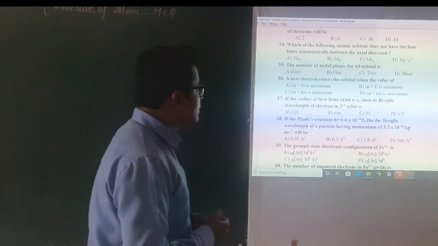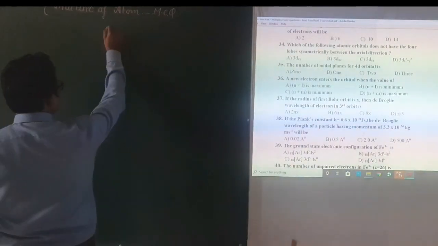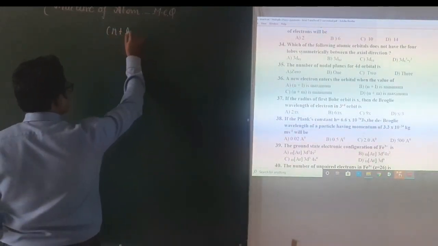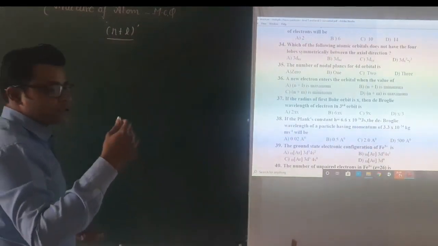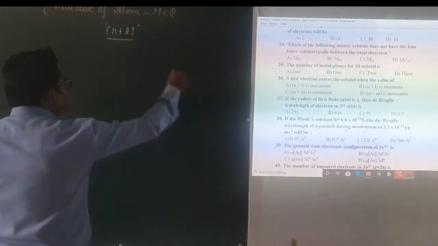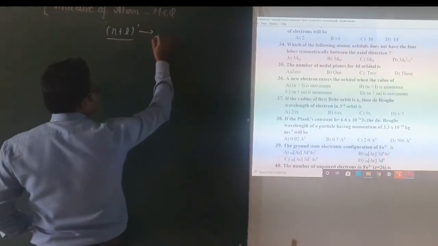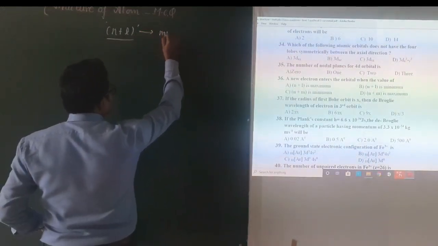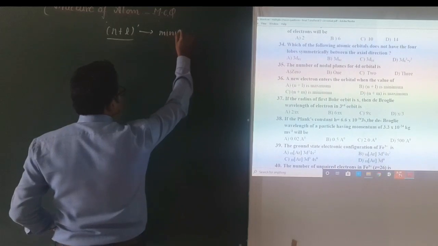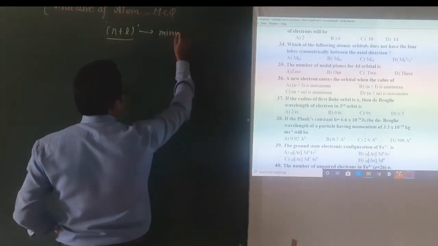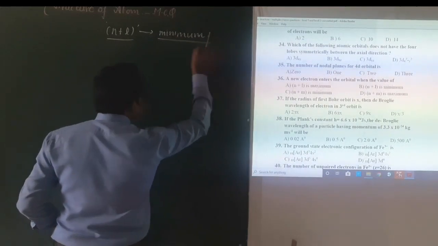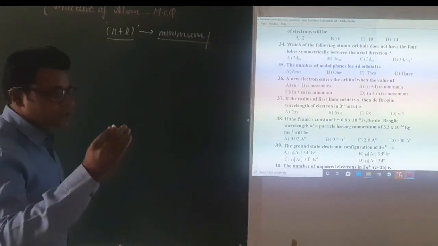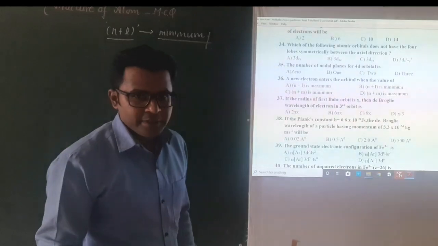So in this case, try to remember the n plus L rule. Whenever the electron enters into an orbital, this n plus L value should be minimum. Then only the electron enters into that specific orbital.